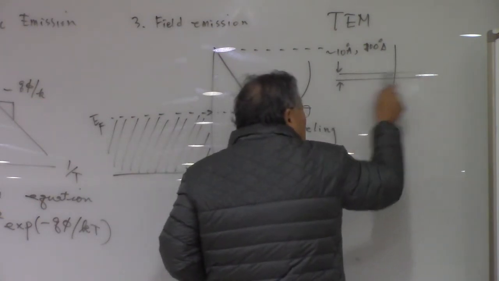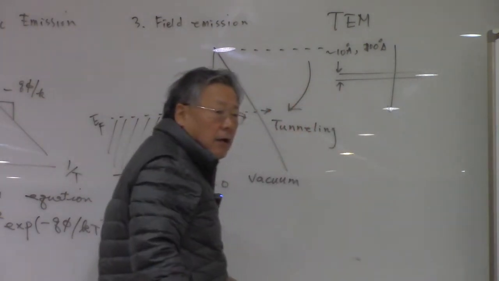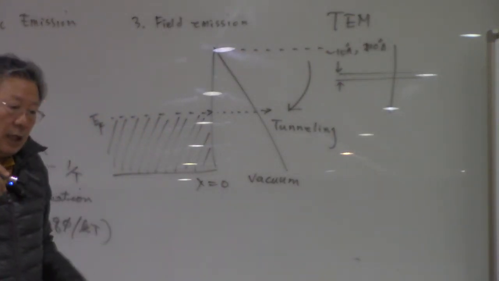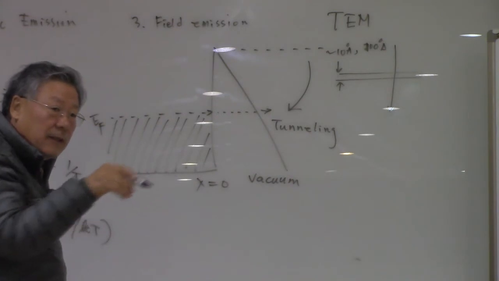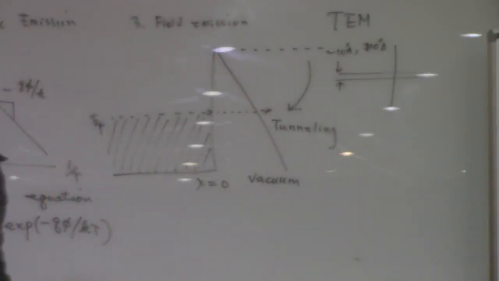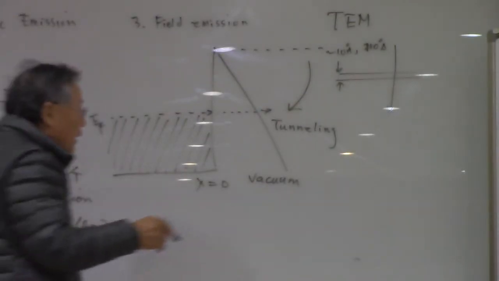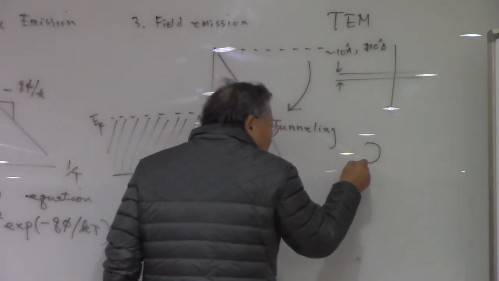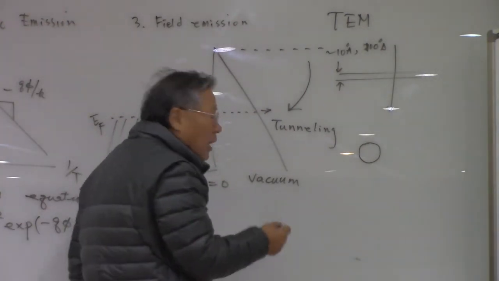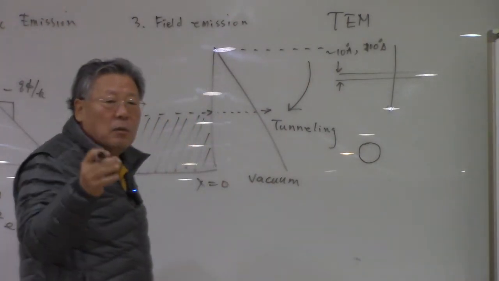And then if this layer has a regular atomic array, then the electrons are going to diffract in a regular fashion, okay, by Bragg reflection, Bragg's law, so that it can give us atomic images, something like this. What you are seeing here is not the atom itself.